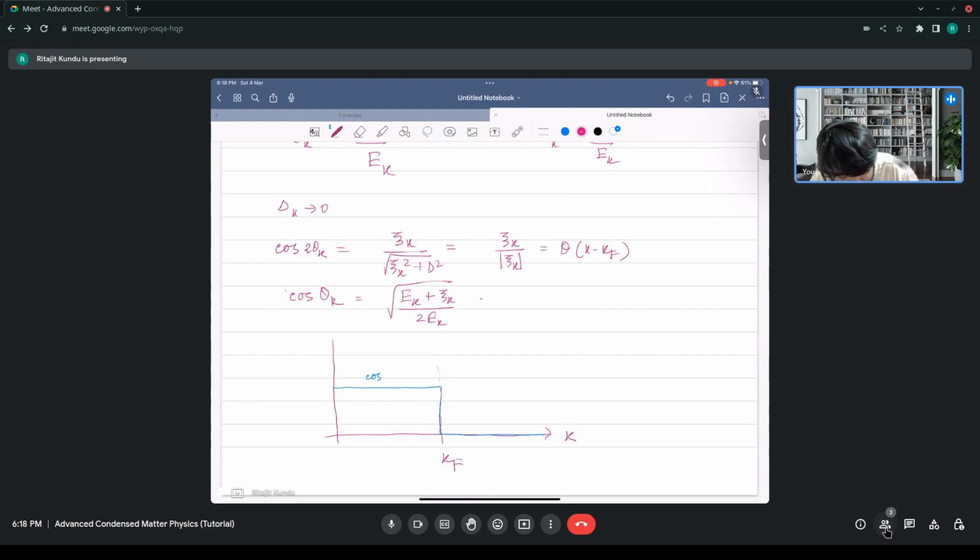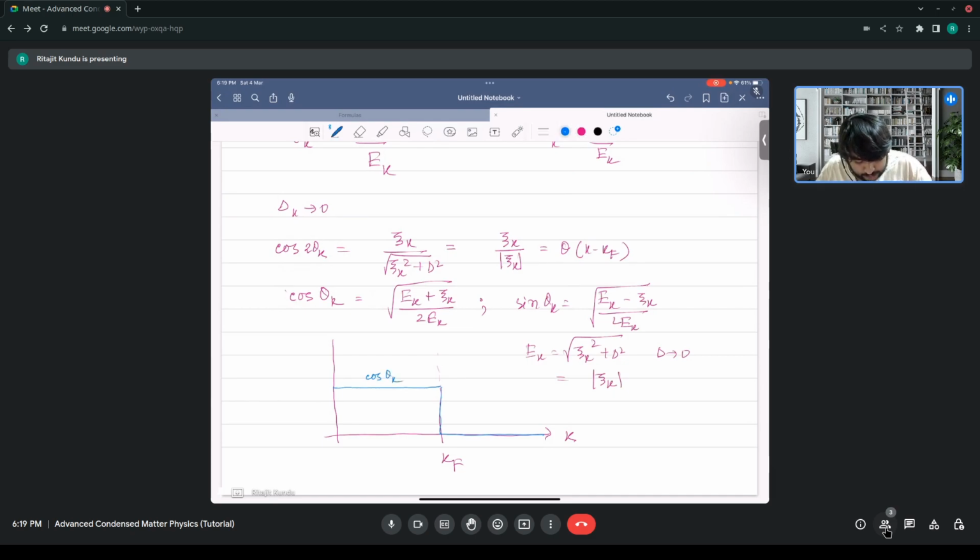Okay, so cosine theta k is this, and sine theta k is given by ek minus psi k by 2 ek, and ek is the square root of psi k square plus delta square. So in the limit delta going to 0, this becomes just mod psi k. If you take this limit, you will be able to see these Heaviside theta functions.